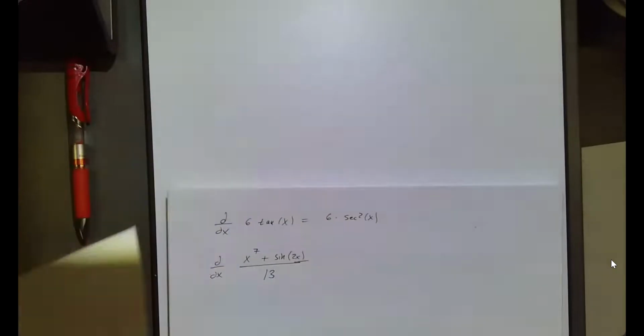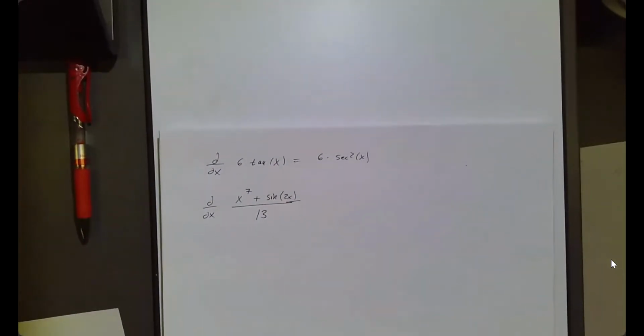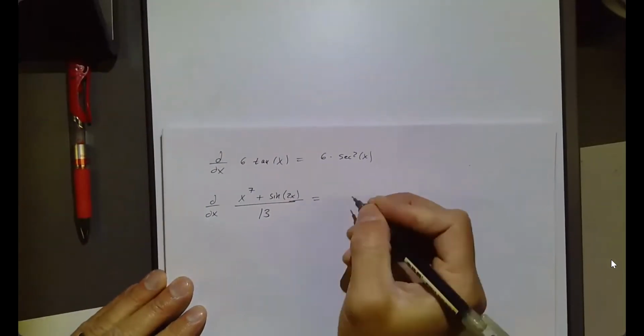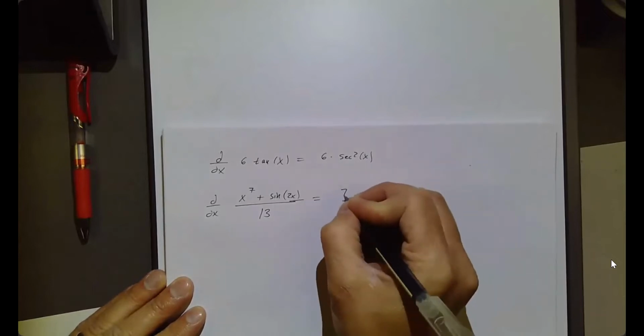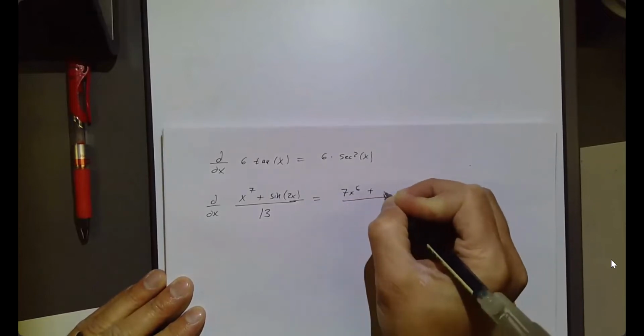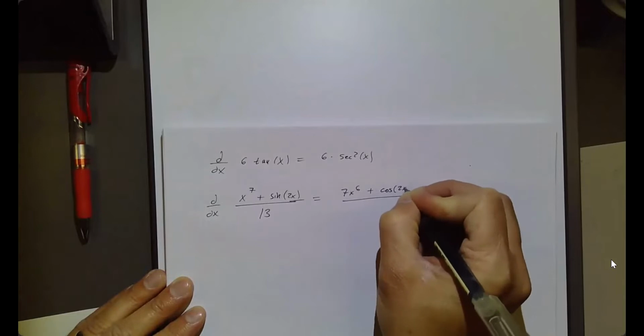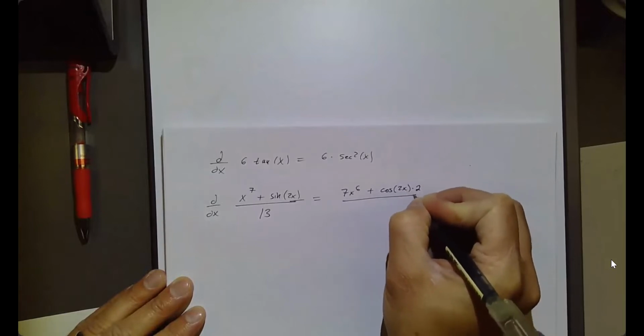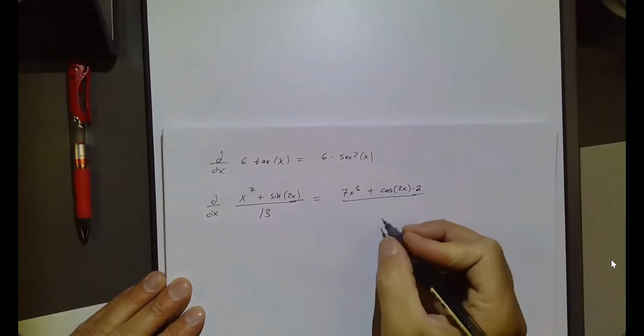It's not going to really do anything. It's just going to hang out. My derivative is going to be 7x to the 6th plus cosine of 2x times 2 because of the chain rule, all divided by 13.